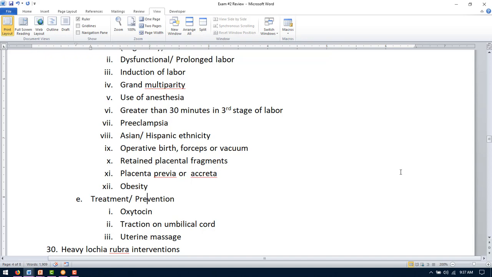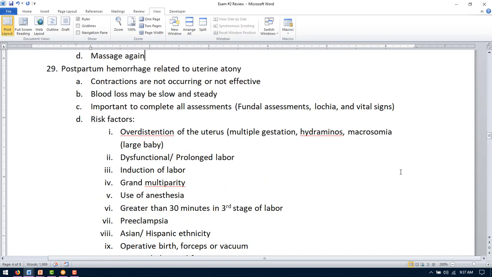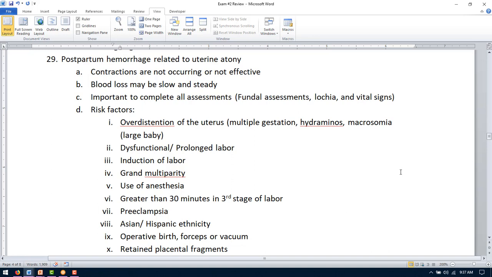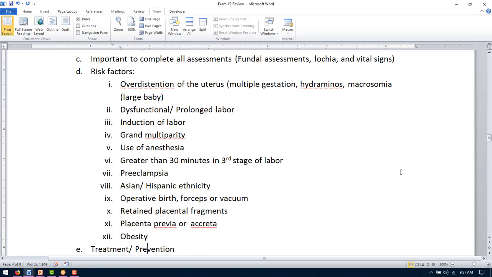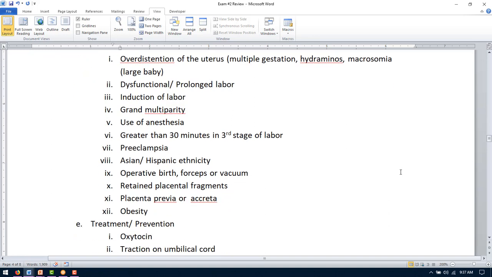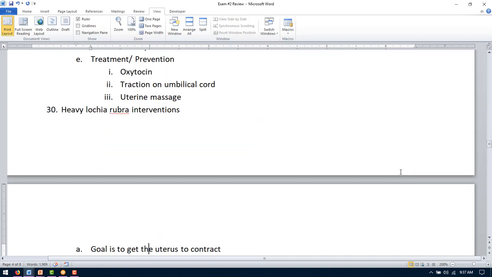If they spend more than 30 minutes in the 3rd stage, if they had preeclampsia, Asian or Hispanic ethnicity, C-section, forceps, or vacuum births. If that placenta is still in there, the uterus will not contract, so we need to make sure that's out. Placenta previa or placenta accreta, and obesity.